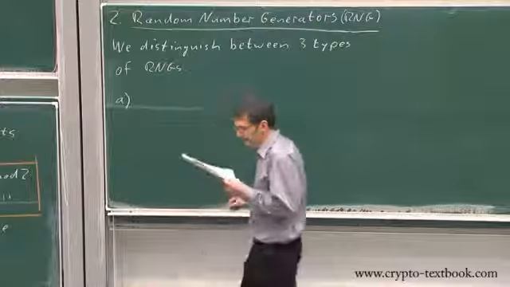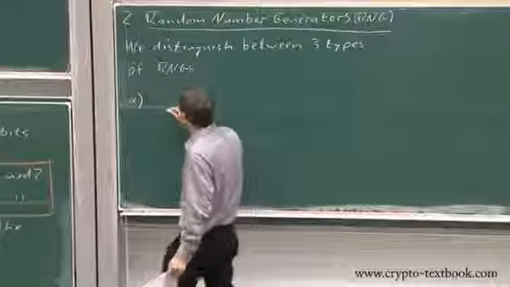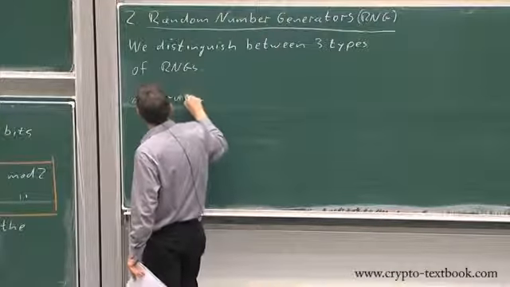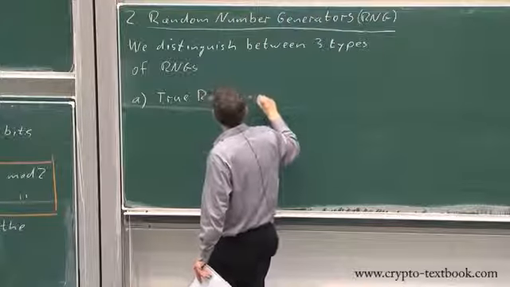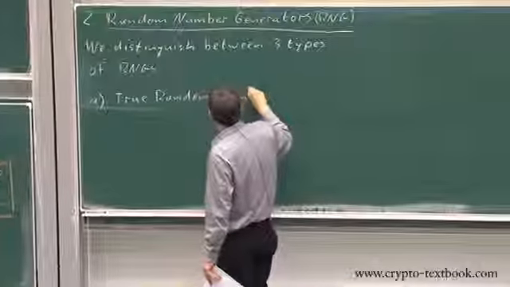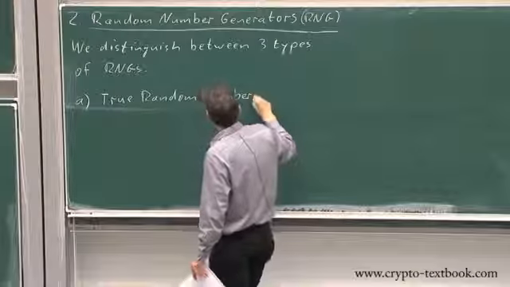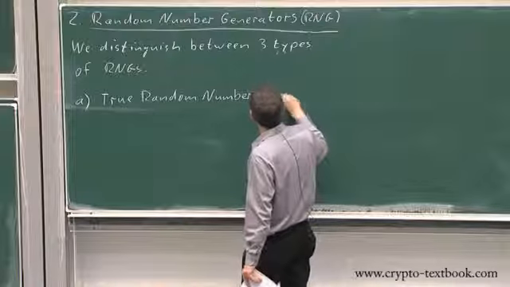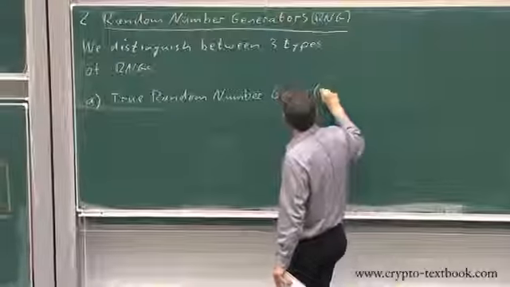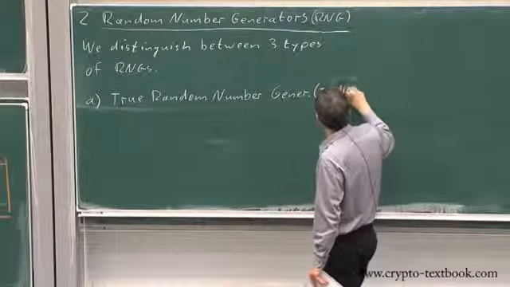Type A is true random number generators, or TRNGs.